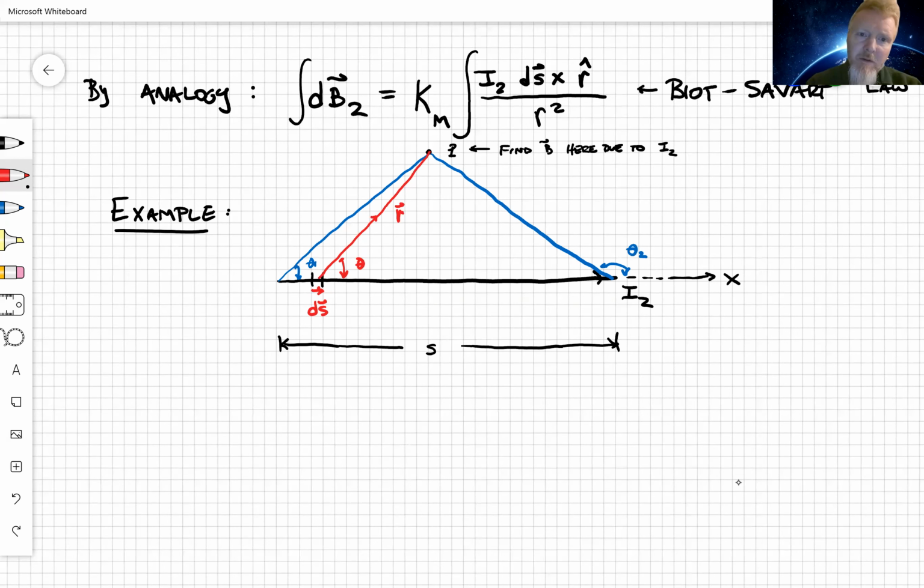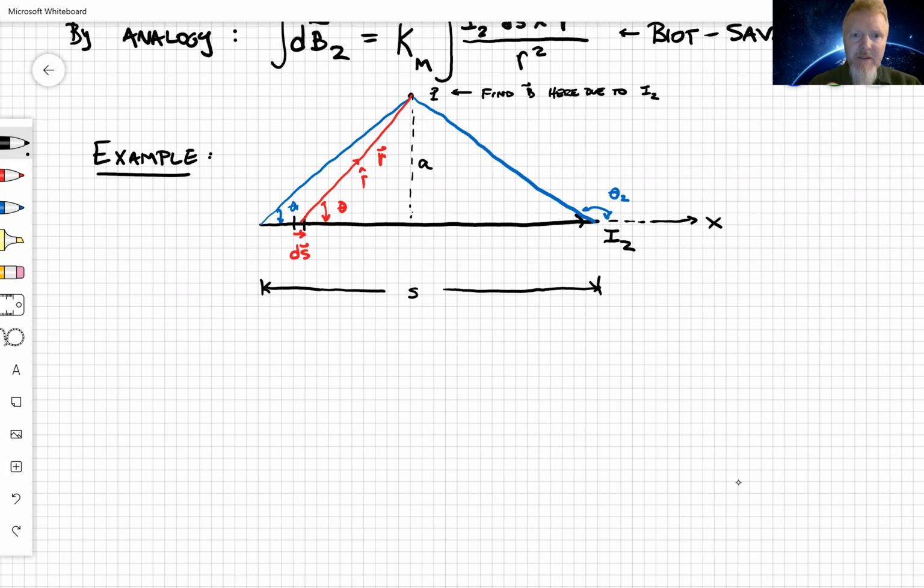And so our hat is pointed that way along the red R vector. Okay. So there's the picture. And I'm going to say that this distance here is A. And then this distance back here, let's just call this X, to where my point is right there.